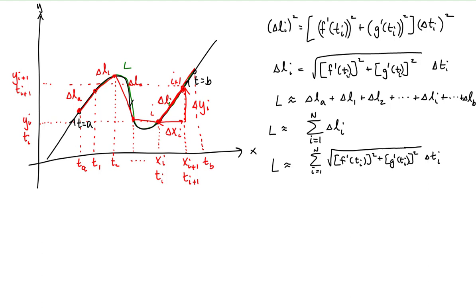And from our first and second semester calculus classes, we know that if we take an infinite number of small intervals delta t, in other words, if we take n going to infinity of our sum, what do you think we'll get?